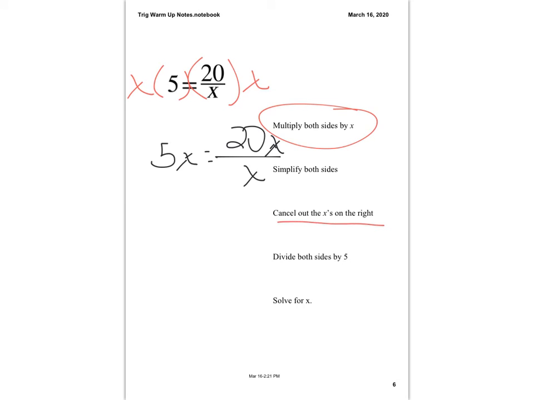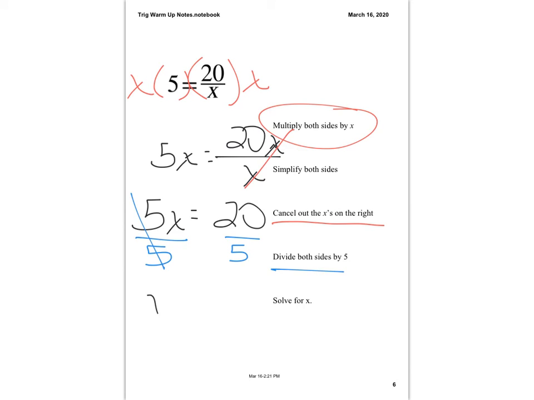Then we will cancel out the x values on the right side, leaving us with 5x is equal to 20. Then we will divide both sides by 5, which cancels the 5 on the left, and solving for x will equal 4.